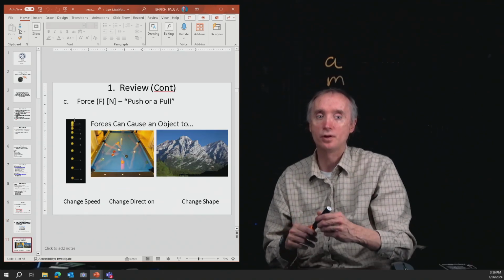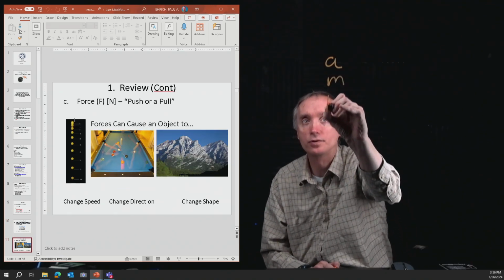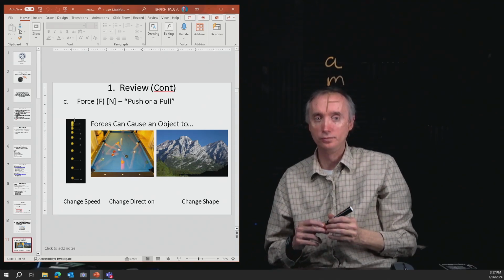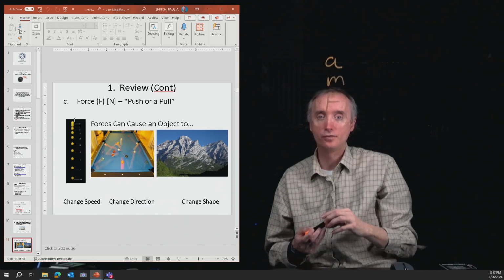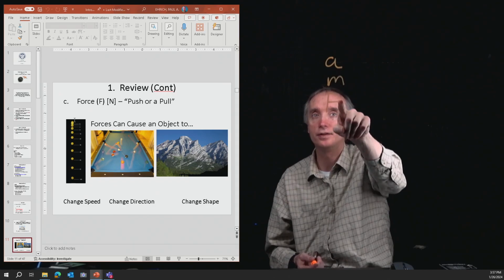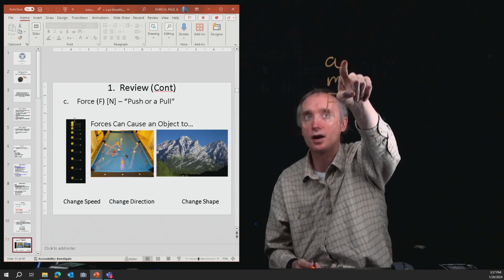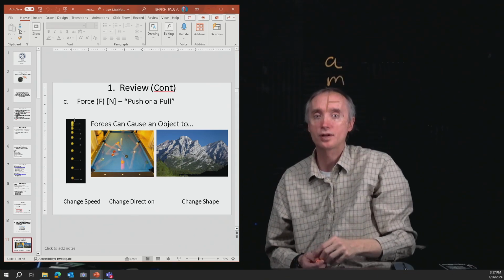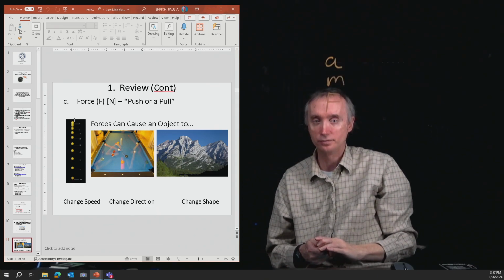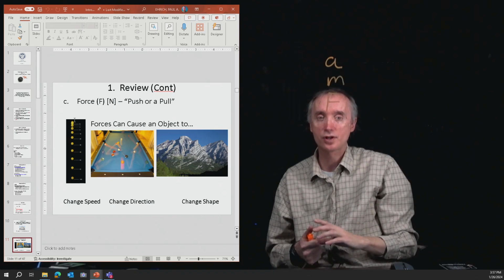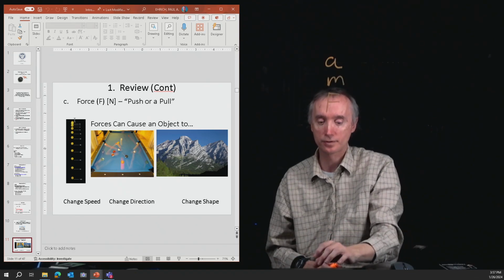And then we also talked about what force is. So a force is a push or a pull, and we found out that forces can change the speed of an object. Another name for that is forces cause objects to accelerate. A force can also change the direction that an object is moving, and then a force can change the shape of an object.